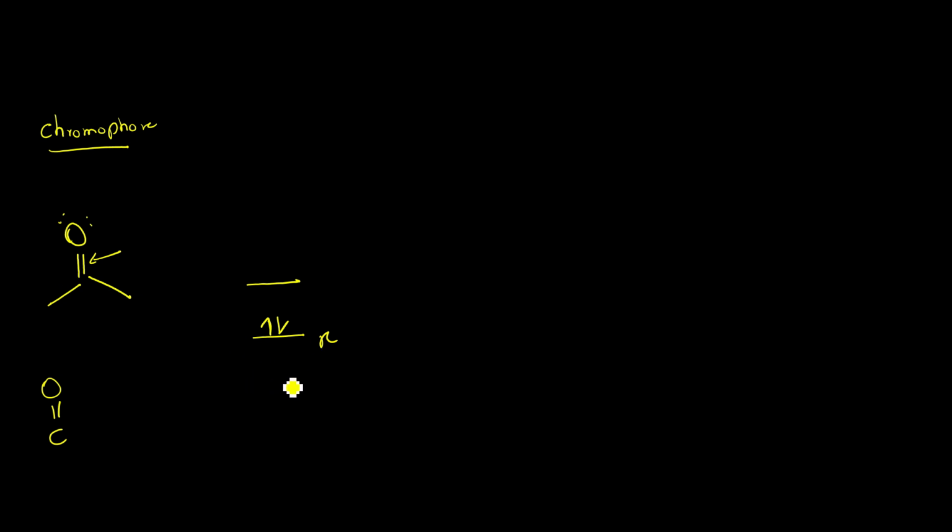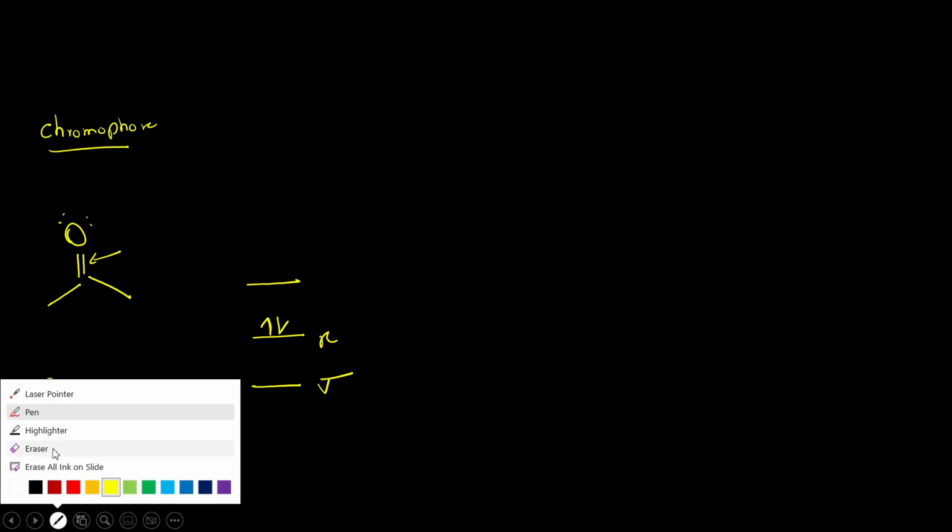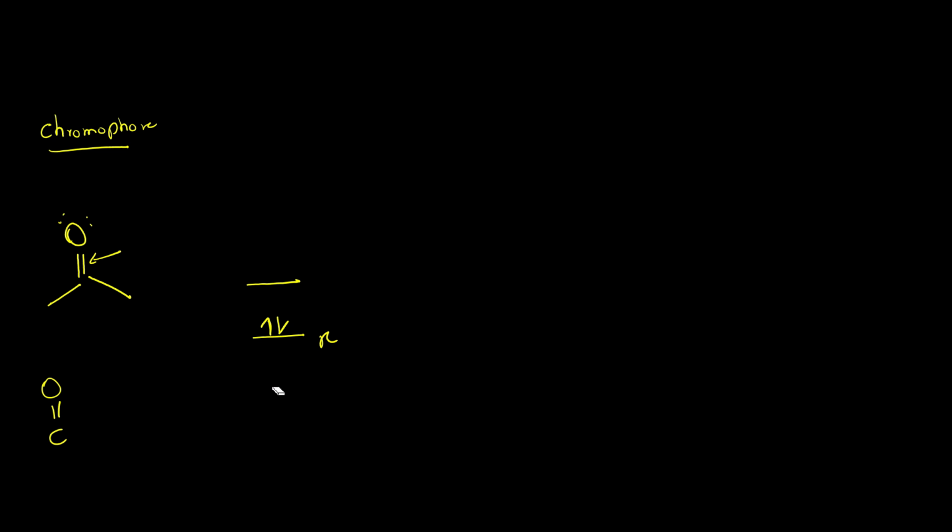I'm not going to draw the sigma bond because the sigma bonds are not going to be affected by the photolysis. They are not going to be excited, so we can forget about the sigma bonds. Let's focus on this pi bond, and then there's the lone pair.